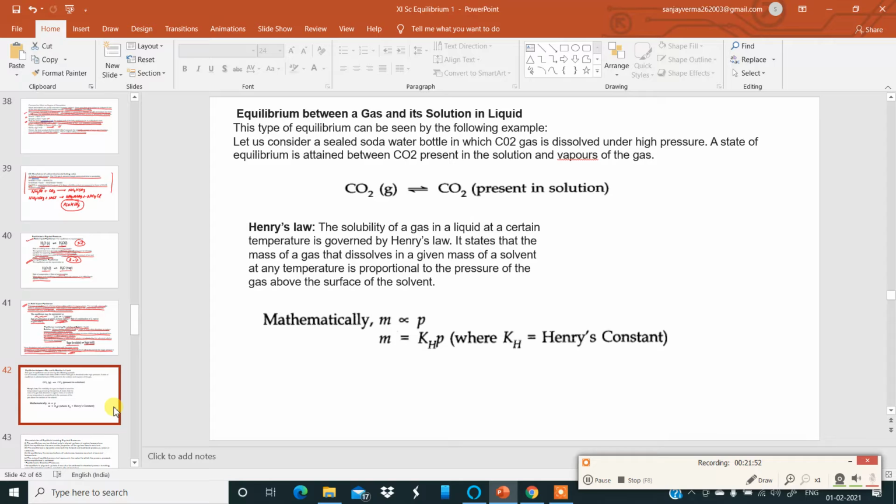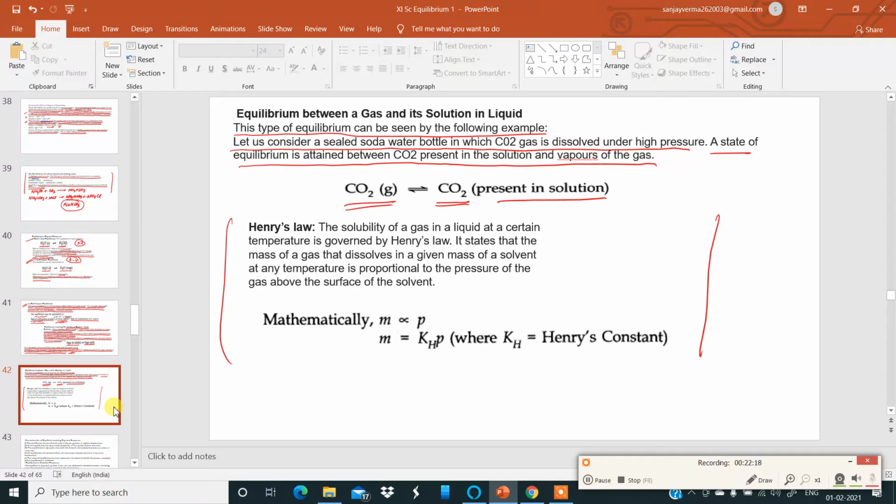Next, equilibrium between a gas and its solution in a liquid. This type of equilibrium can be seen by the following example. Let us consider a sealed soda water bottle in which carbon dioxide gas is dissolved under high pressure. A state of equilibrium is attained between the carbon dioxide present in the solution and the vapors of the gas. Okay. Now, Henry's law.